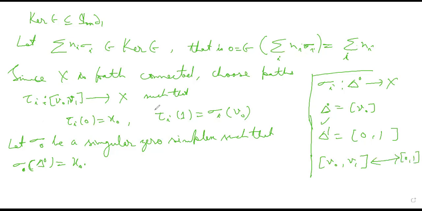So if we can have a continuous map from 0, 1 to x with this property, then we can have a continuous map from the simplex. So this is going to be tau I, v naught we want it to be x naught, and this one we want to be v1.